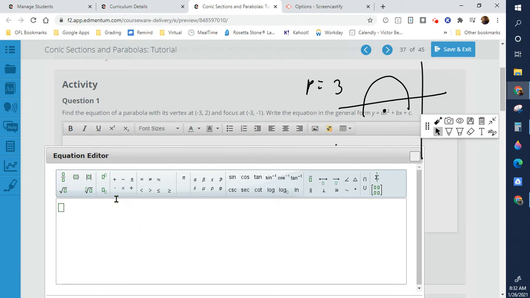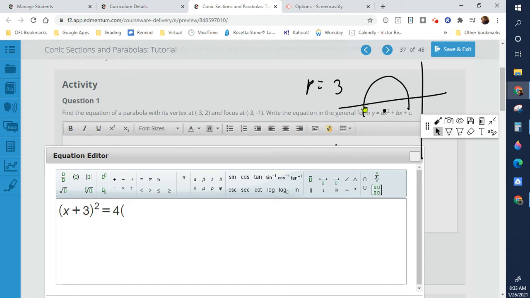so it's going to be an x squared. So we're going to have x minus our h. Our h in this case is a -3, so that double negative I erased wasn't technically wrong. I need to square this, equals 4 times my p.